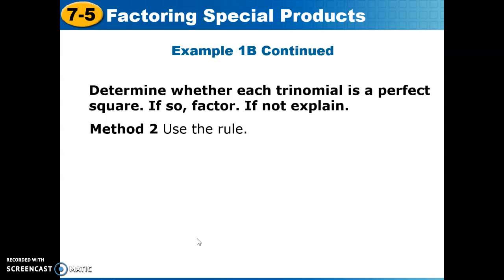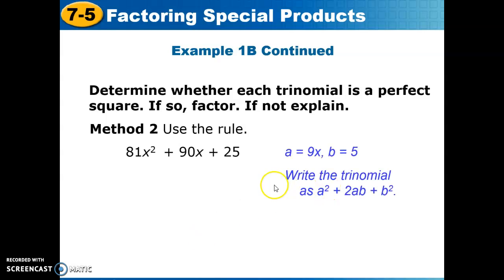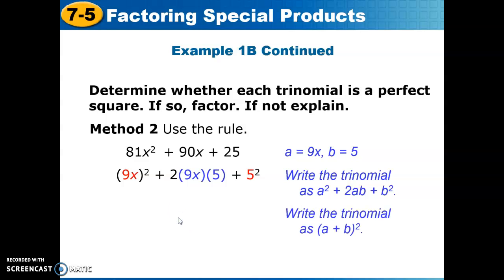Now, to factor that, we have to use the rule. We have this perfect square trinomial, and our factored answer is a plus b squared. So we're going to take a, which is 9x, and add it to 5, and then square the whole thing.